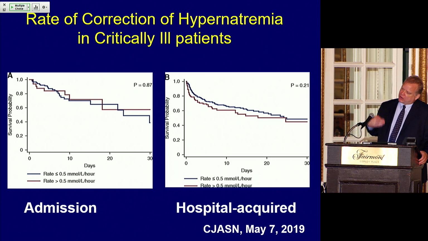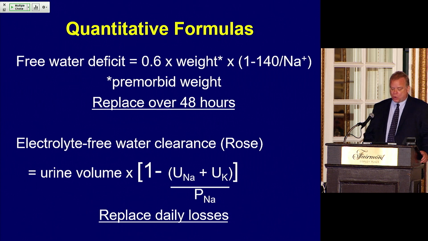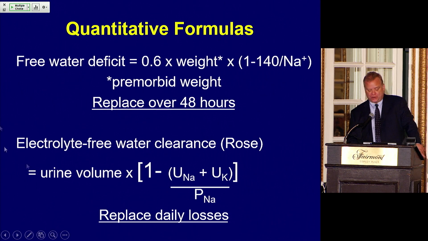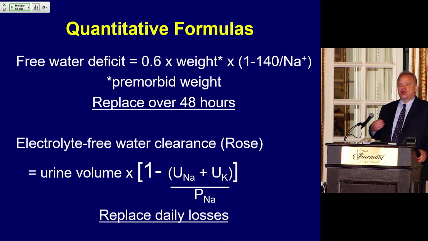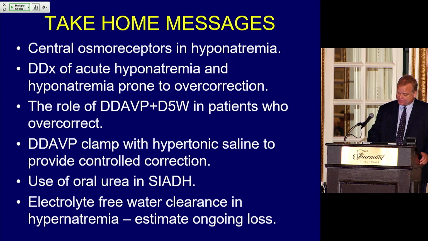So it's not clear, unlike in hyponatremia, whether rapid correction is as bad as we might think. The quantitative formulas that are important, first of all, is to calculate the free water deficit, but then also use the electrolyte free water clearance as an indicator of how much water these patients are excreting per day, and then correct that free water deficit, but also replace ongoing losses.